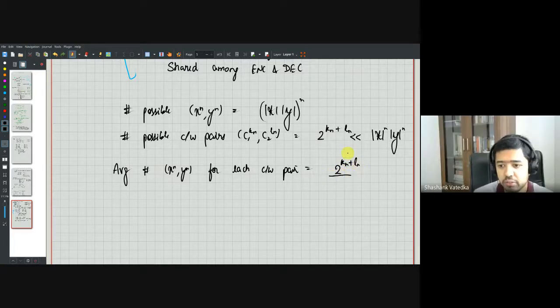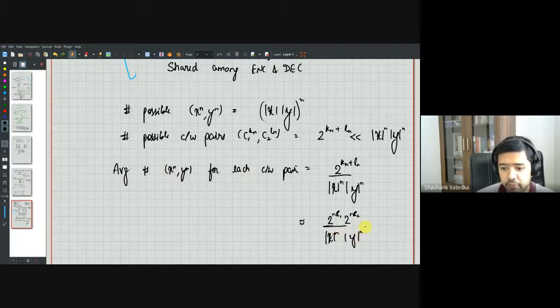Exactly. So it is 2 to the Kn plus Ln divided by size of X to the n times size of Y to the n, and this is roughly 2 to the nR1, 2 to the nR2 divided by size of X to the n times size of Y to the n.